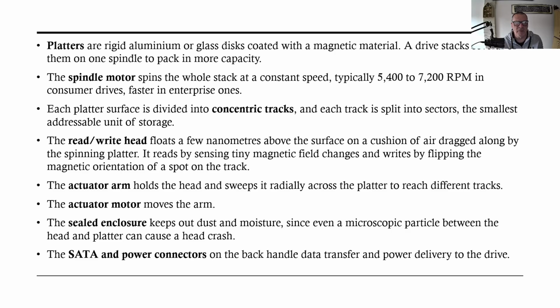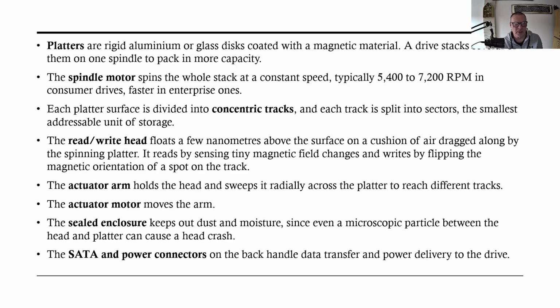The read-write head floats just a few nanometers above the surface on a cushion of air dragged along by the spinning platter. That's why it's very, very sensitive to having dust and particles in it, and why it's all sealed. It reads by sensing tiny magnetic field changes and writes by flipping the magnetic orientation of a spot on the track.